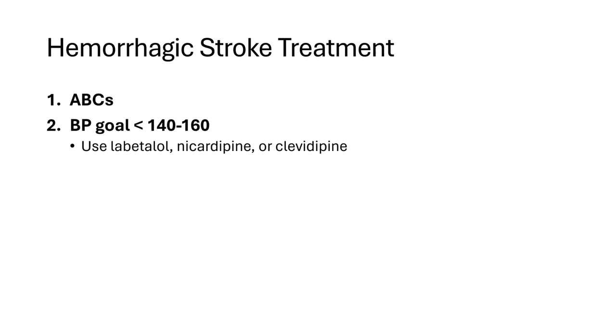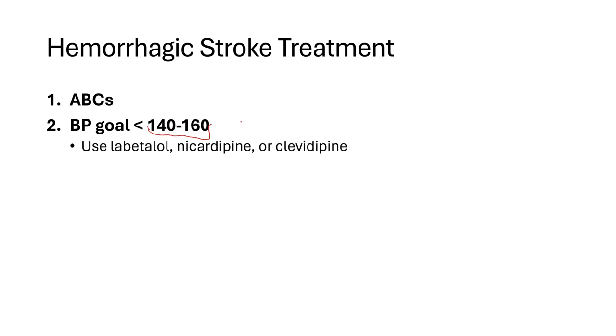For hemorrhagic stroke treatment, remember, the issue is that there's bleeding into a confined space. We always start any stroke with ABCs: airway, breathing, and circulation. Now, the BP goals are very important in stroke management. We'll touch upon this a little bit later, but we can see that the BP goal is typically somewhere less than 140 to 160.